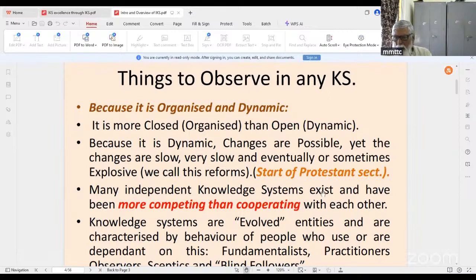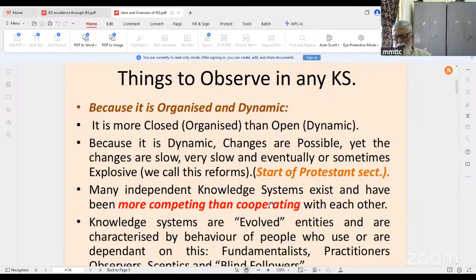Many independent knowledge systems exist and have been more competing than cooperating. This is one problem that we face. So it's not just IKS alone. There are other knowledge systems. There were many knowledge systems which have disappeared. They are no more there. A new type of knowledge system is already emerging.